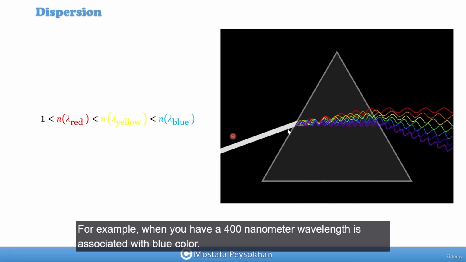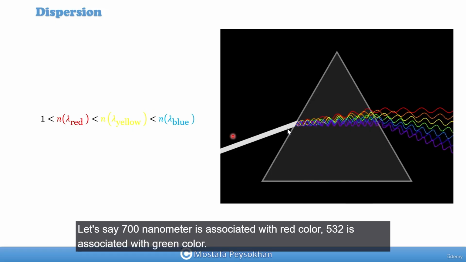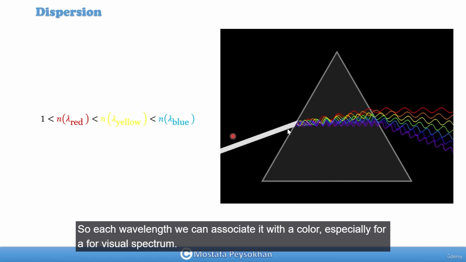For example, a 400 nanometer wavelength is associated with blue color. Let's say 700 nanometer is associated with red color. 532 is associated with green color. So each wavelength we can associate it with a color, especially for visual spectrum.